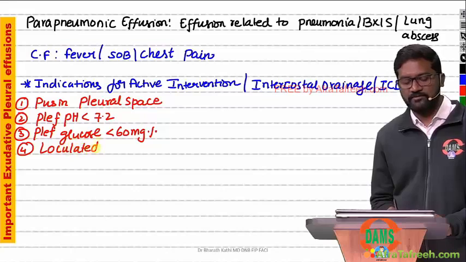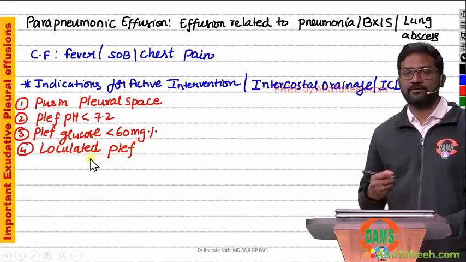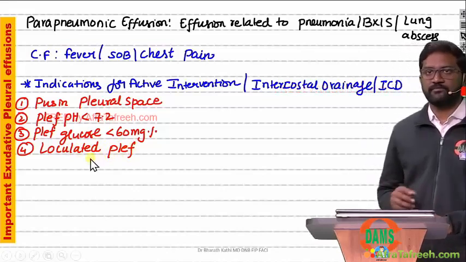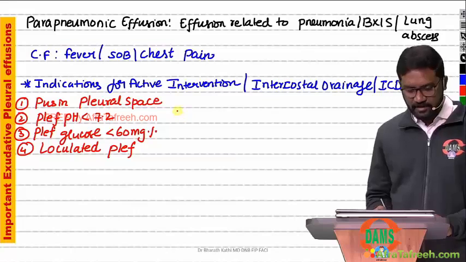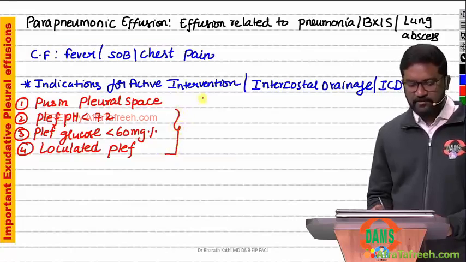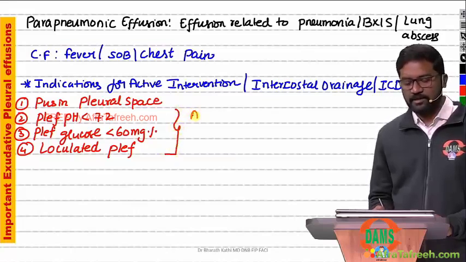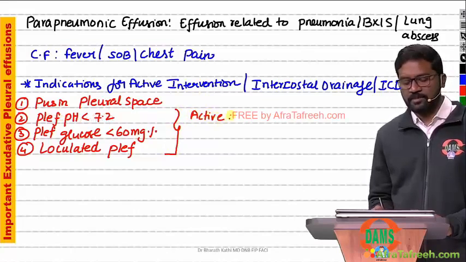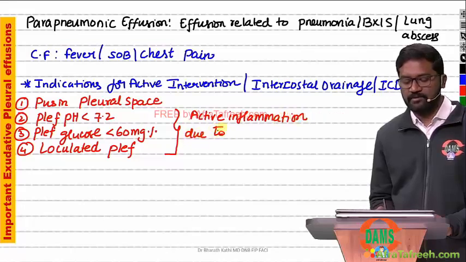Loculated pleural effusion means within the fluid septa are formed. This can be known very well by ultrasound chest. If you find any one of the following, they indicate that there is some active inflammation due to active infection.